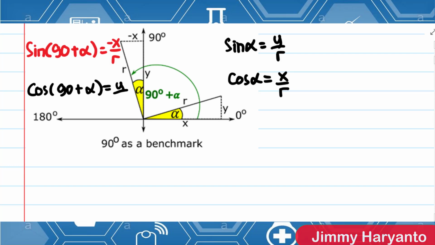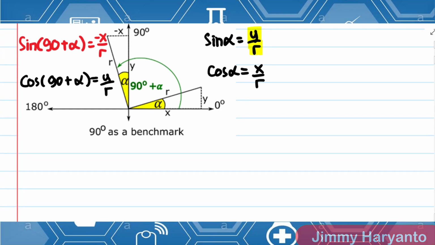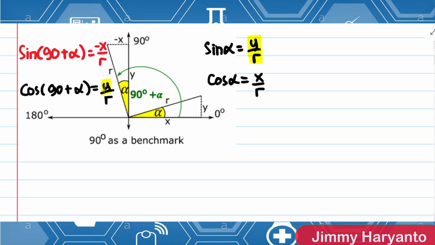Y over r. Okay, if you take a look at the value of the sine, y over r, it's the same as cos 90 plus alpha. If you take a look at cos alpha, it will be the same as sine 90 plus alpha, besides the sign is negative.